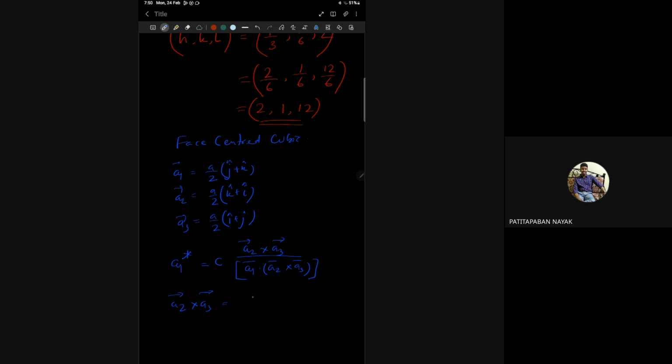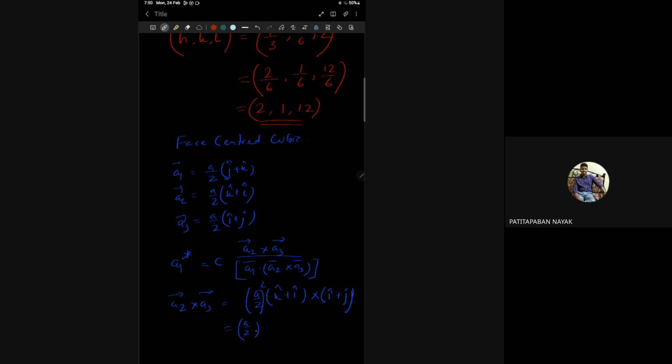All of you know how to find it, right? A2 cross A3 is A by 2 K cap plus I cap, cross A3, which is I cap plus J cap, so A by 2 square.